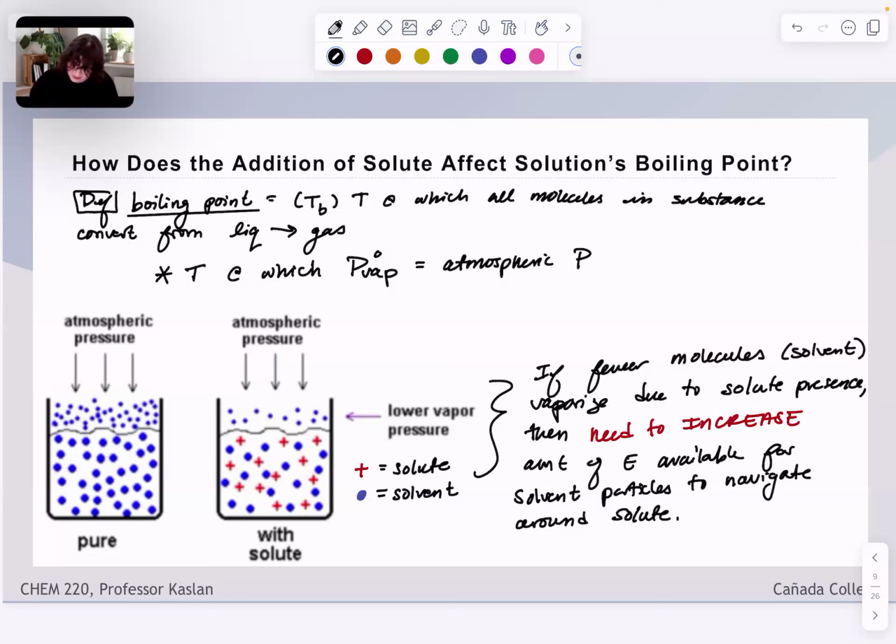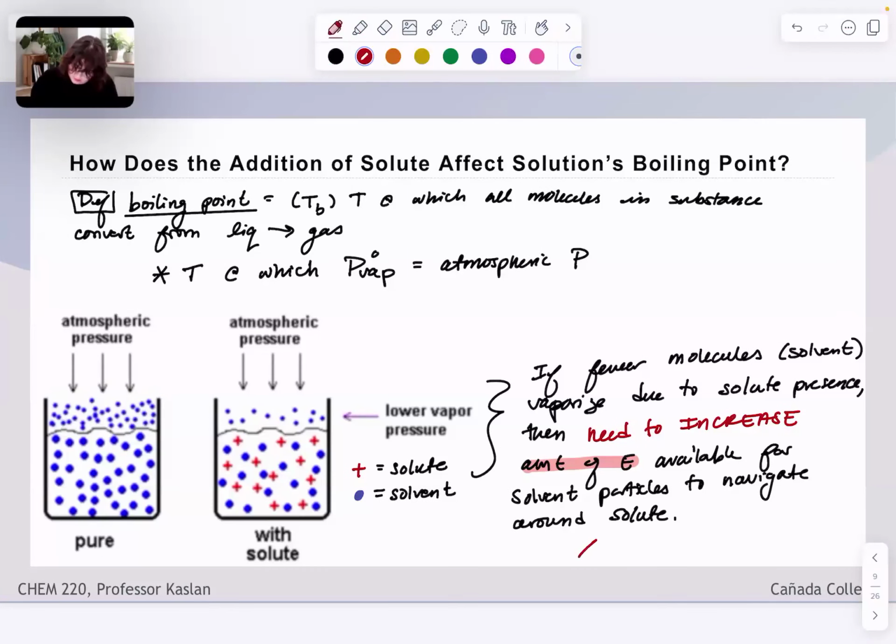If we need to increase the amount of energy available, this means that we have to increase our temperature until we reach a higher boiling point than what we would expect to see in the pure solvent. So this is how we might expect the boiling point to be affected by the addition of solute.